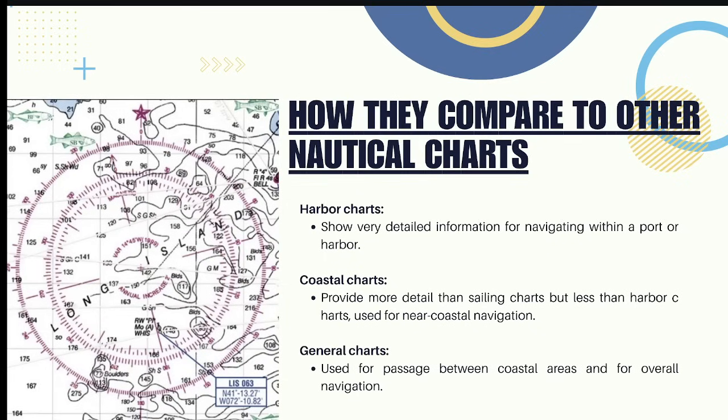So from the detailed harbor charts for precise maneuvering to the broad general charts for long-distance or voyage planning, they contrast with paper maps that show land features. They both show some land features.